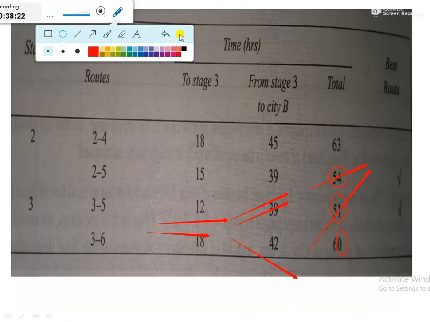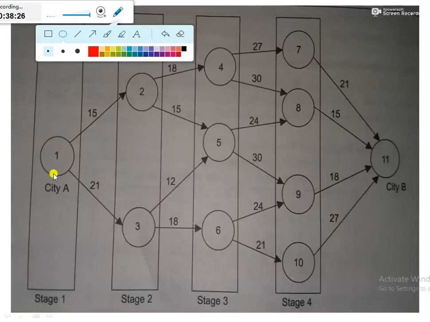After solving this stage, let's move to the next stage, that is stage 1. From stage 1, the traveler can go to decision node 2 or to decision node 3. For decision node 2, the route 1 to 2 takes less time, that is 15 hours.